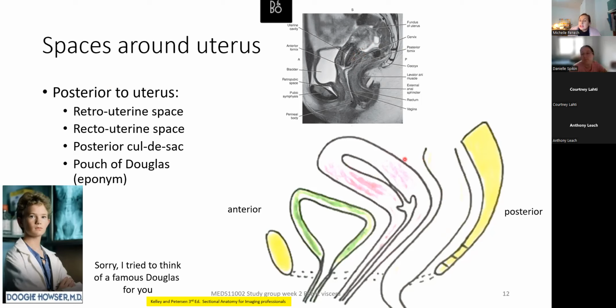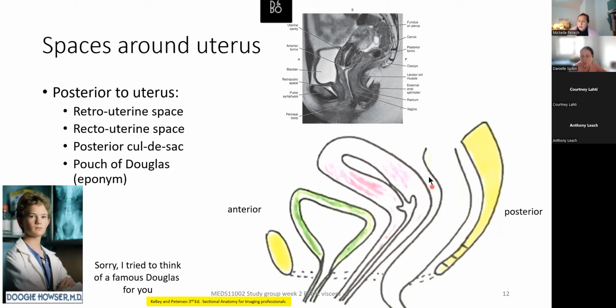They end up with free fluid in their pelvis. And we often scan the patient supine or lying on their back. So when they're lying on their back, the fluid gravitates to the most posterior place. And the most posterior recess where the fluid is going to sit is here.